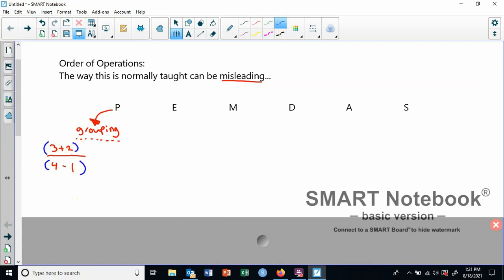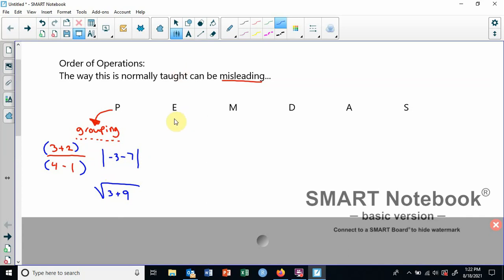We don't draw them there, but they're understood to be there. Other understood grouping symbols are things like absolute values, square roots or radicals. You do what's inside these first before you use up the absolute value or the square root. So those are grouping symbols.